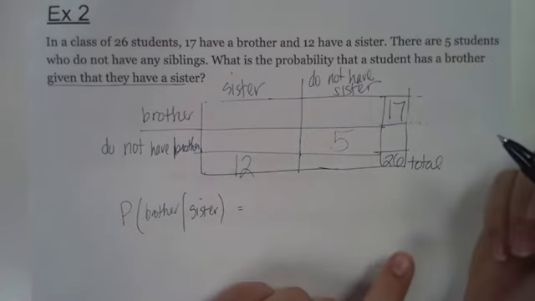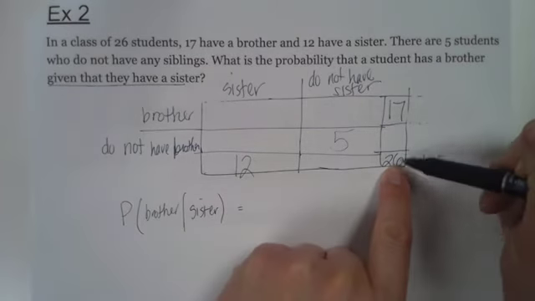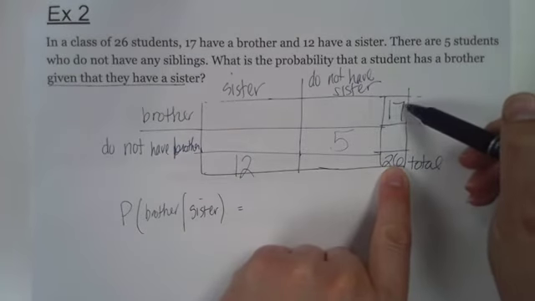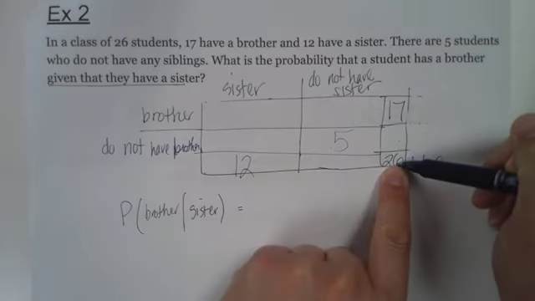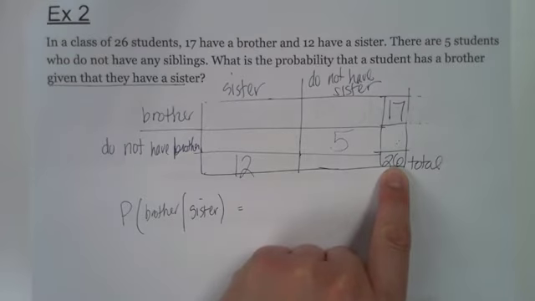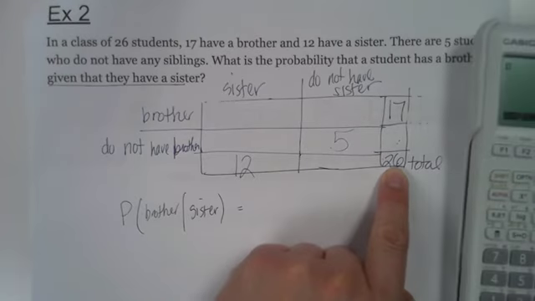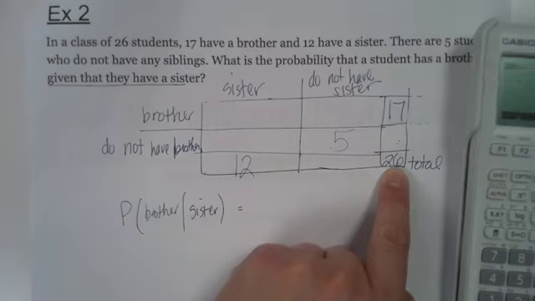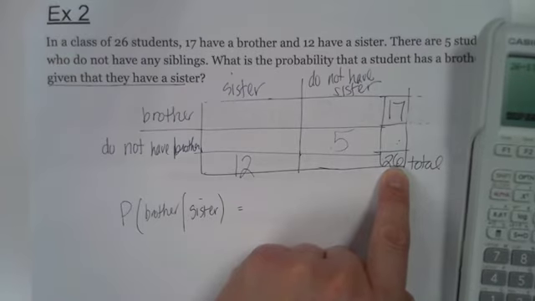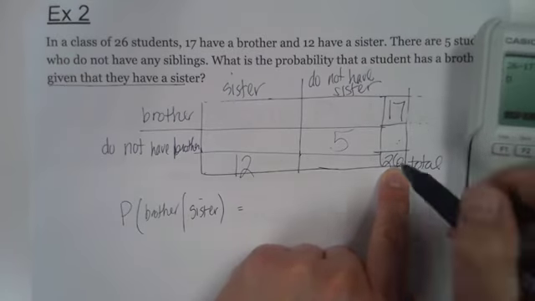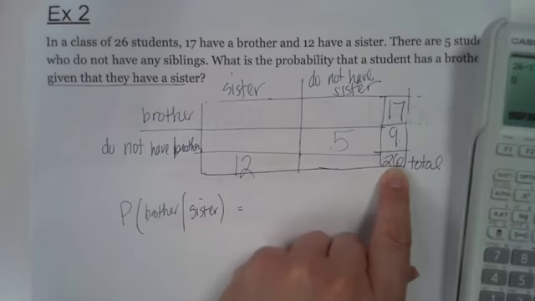Let's see. If I know that 17 plus something should equal 26, what goes in there? 9? Okay. So, yeah, 26 minus those 17 means we've got 9 there that do not have a brother.